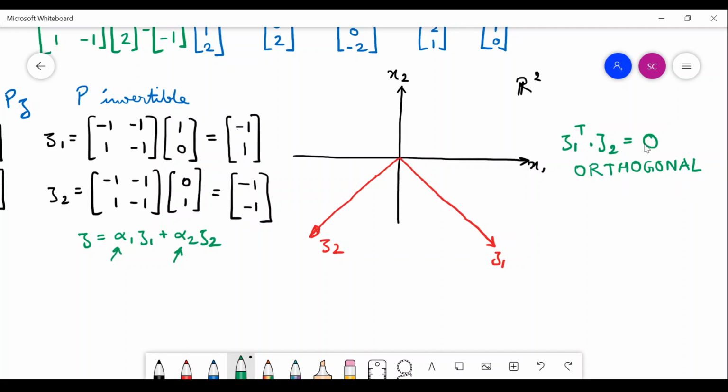That means if this happens, then they are orthogonal. If the vectors have to be orthogonal, they have to satisfy this condition. Otherwise, they are not orthogonal. So you can check very easily that z1 transpose z2 will give you 0, because z1 is this, z2 is this.